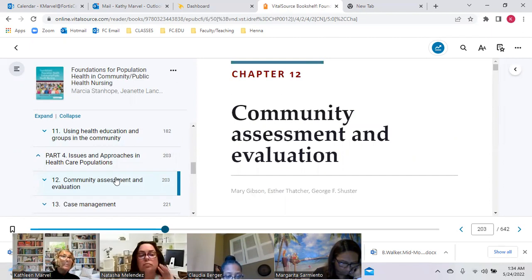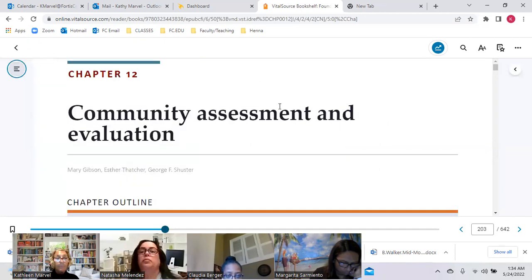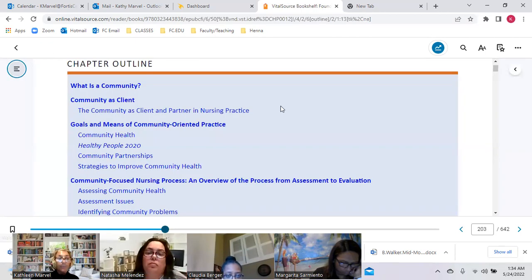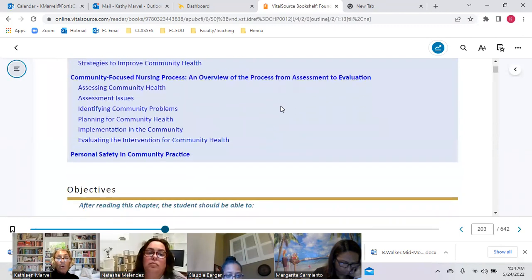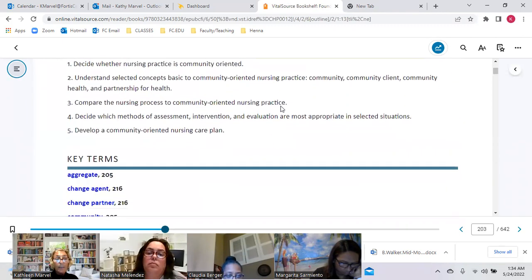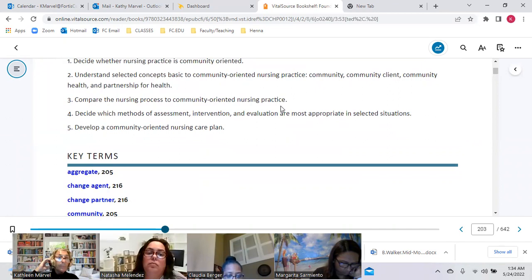What else? Now we're going to talk about doing a community assessment. How do you do an assessment for the whole community? So in this chapter, our client is the community.